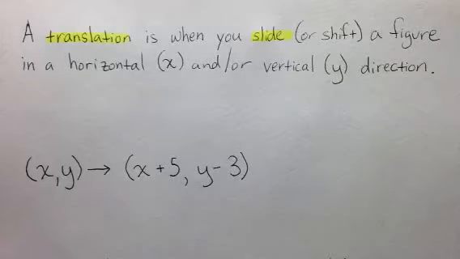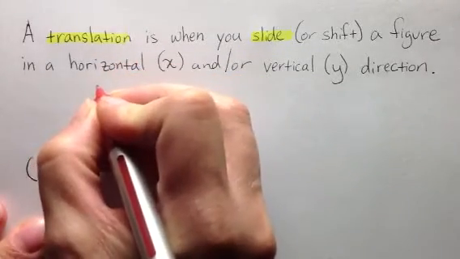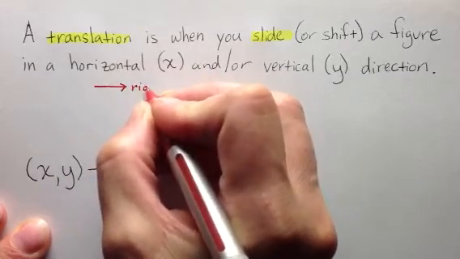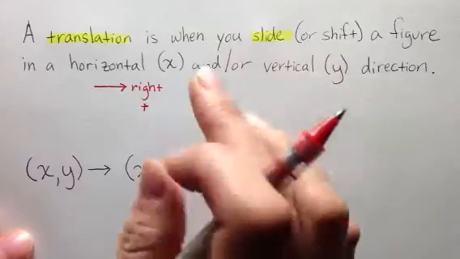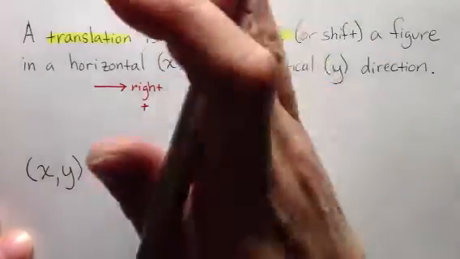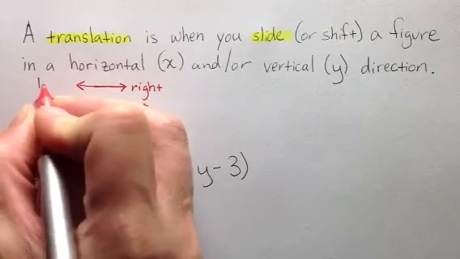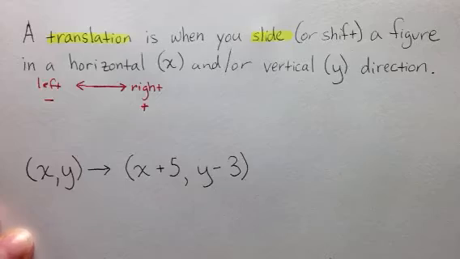Okay, so first let me remind you that a horizontal movement is either to the right, which is a positive movement, or to the left, which is a negative movement.